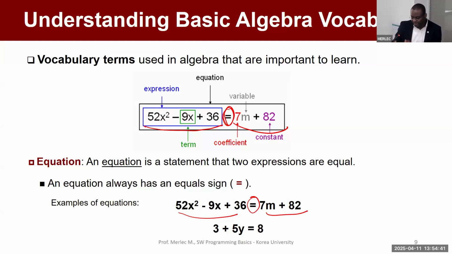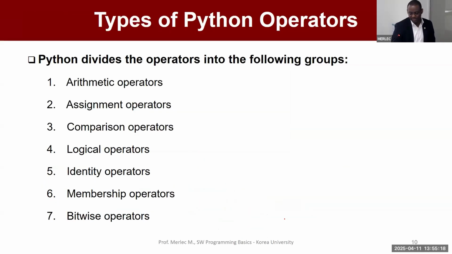In this case, the equal sign does not mean assignment. Do not be confused. In this case, the equal sign is used to check the equivalence between the expression on the left and the expression on the right side in the context of algebra. While in Python, the equal sign is used for assigning the result of the expression on the right side to the variable located on the left side. Okay. So I hope it's clear so far.